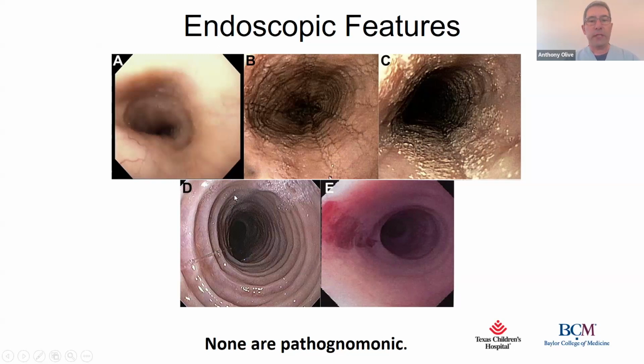And then D is the rings, which represent, in this case, non-obstructing rings, which represent early fibrosis. And then E, you can see there's more of a narrowed esophagus, and the endoscope has created this esophageal tear or rent, which can happen when you try to go through a narrow esophagus.